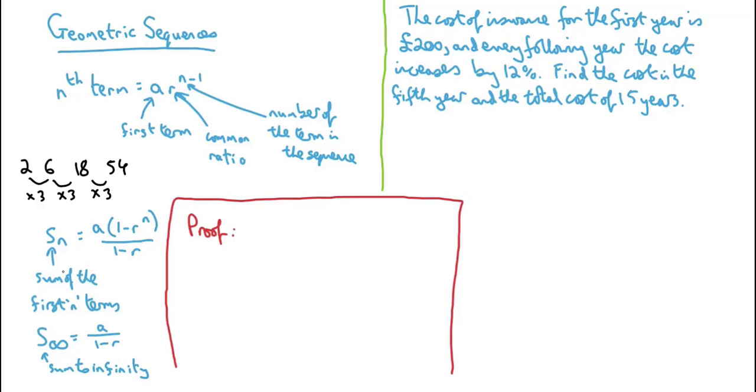Then we also, for the geometric, have a possibility to work out the sum to infinity. Now, we can't do this with the other type of sequence that we talked about, which was arithmetic, because in arithmetic, you're just adding terms continually onwards. You're always going to get a bigger and bigger term.